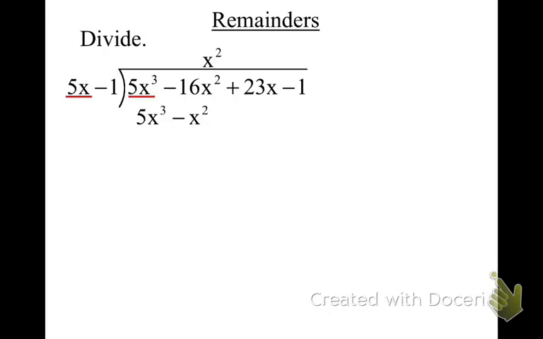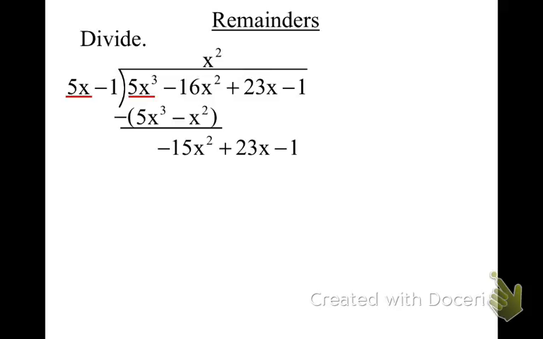We get 5x cubed minus x squared. We're going to subtract the whole thing. Then when we subtract, we distribute that negative, and we're left with minus 15x. And bring down the x squared plus 23x.